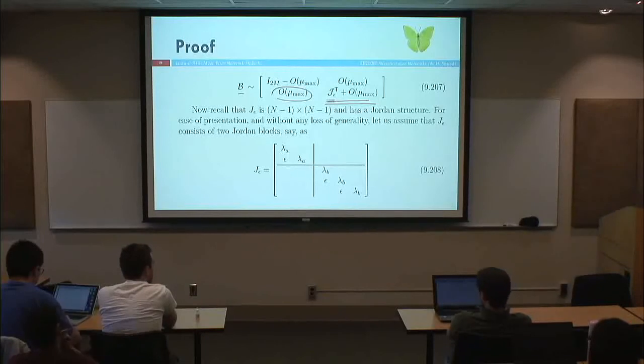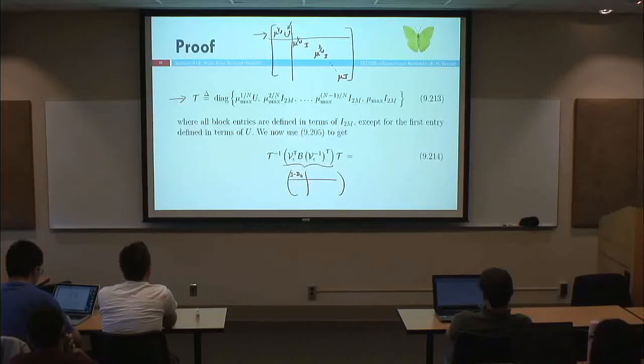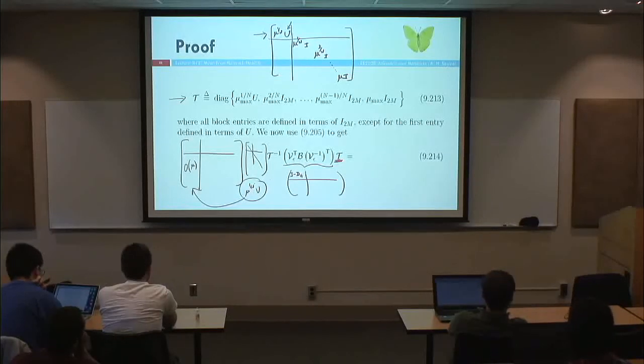Now, you are going to multiply them from the right by the diagonal T here. So the first column will be multiplied by mu to the 1 over n times U. And from the left, they will be multiplied by mu to the minus 2 over n, then the following row mu to the minus 3 over n, and so forth.